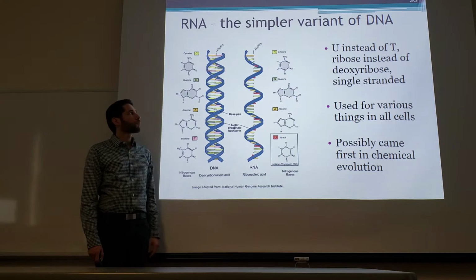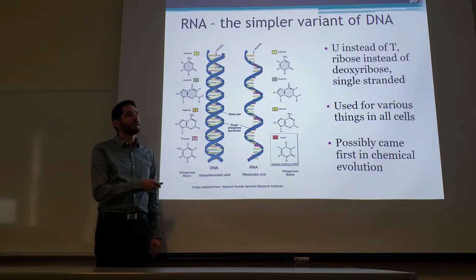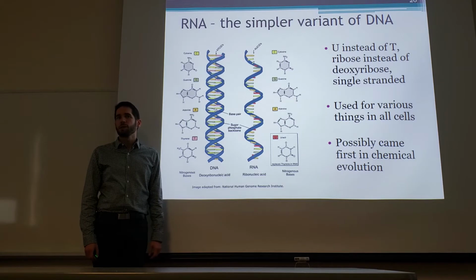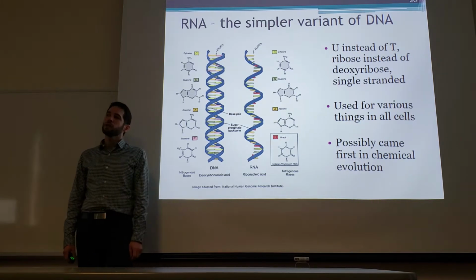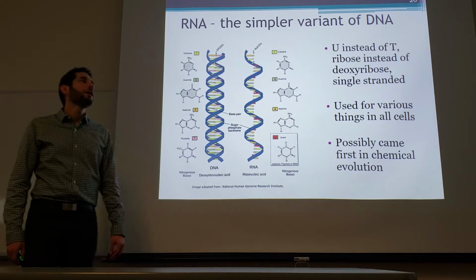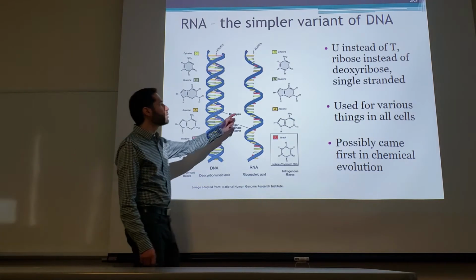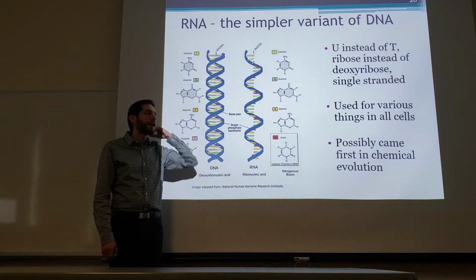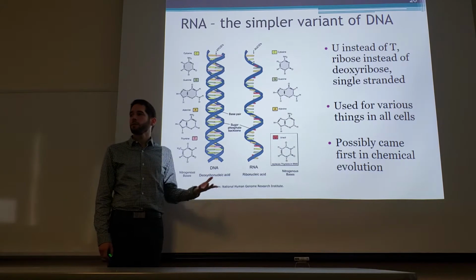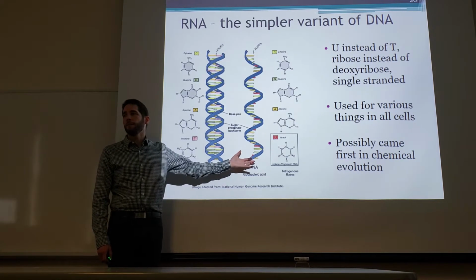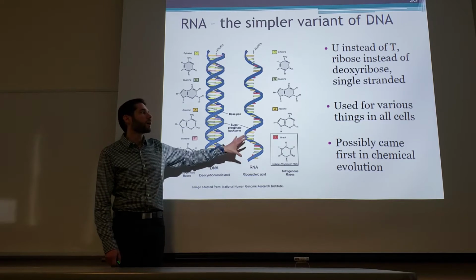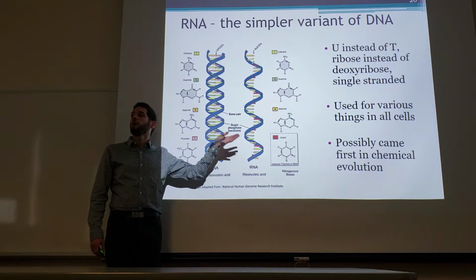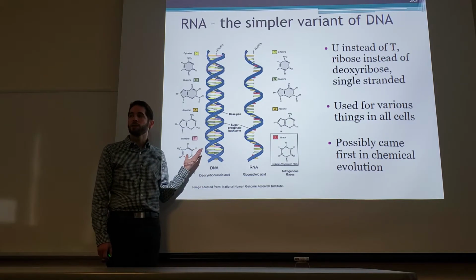So RNA is somewhat simpler. It's not as good. It's more prone to errors when you copy it. And it's a little loose, as you can see all these dangly bits, right? So it's a little less stable. As a result, what we actually think is that life on Earth arose using RNA, and then eventually a couple changes happened, and we unlocked something even better, DNA arose.